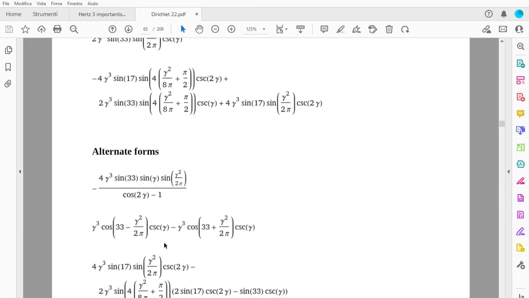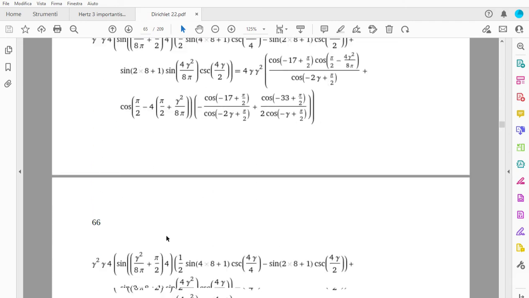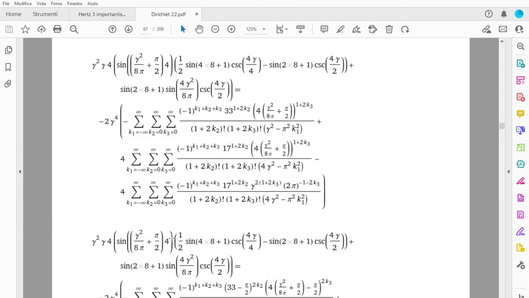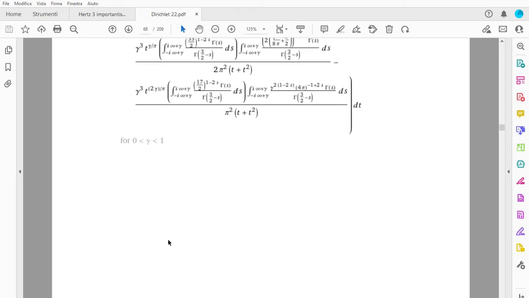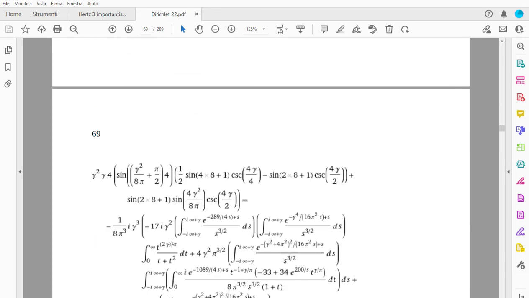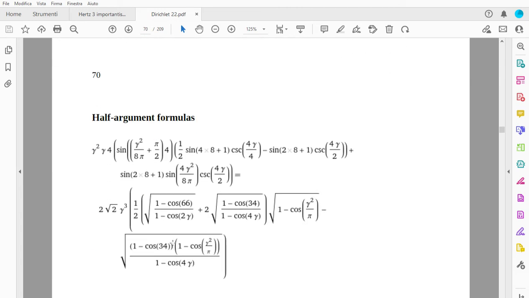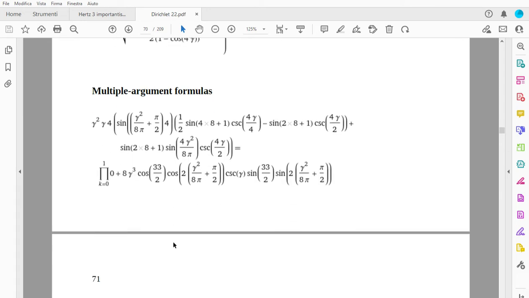Also here the study of the function, alternate forms, alternative representation, and so on. Also this expression is a very beautiful mathematics.